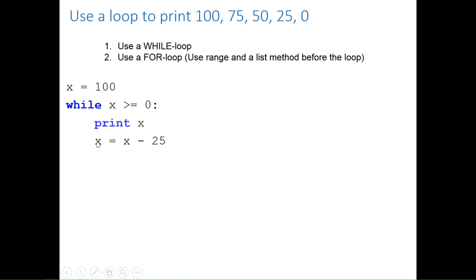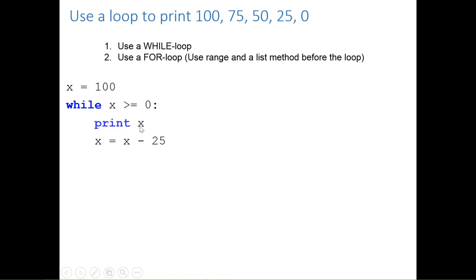That'll be 75. We go around again. Is 75 greater than or equal to 0? Yes. Print 75. 75 minus 25 gives you 50, and that's our new value, and it goes on until we get a value of 0 from this subtraction, at which point it'll say 0 is greater than or equal to 0.